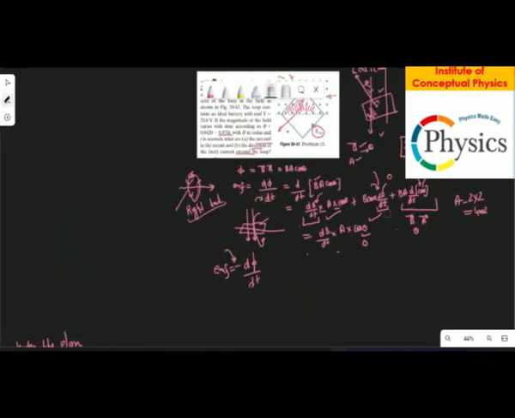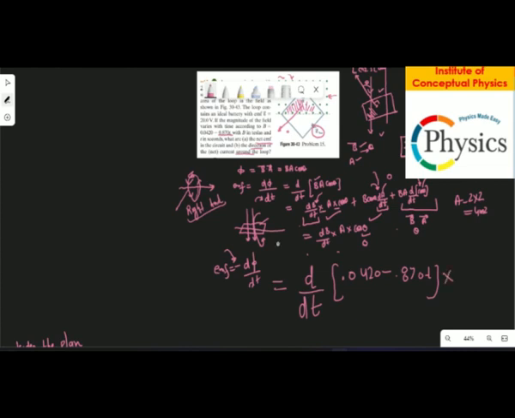And now we just need to substitute the values. Let me substitute the values in the expression dφ by dt to find the magnitude of the EMF, right? So this is equal to d by dt of B, and as you can see, B is given by 0.0420 minus 0.870t, multiplied by the area.